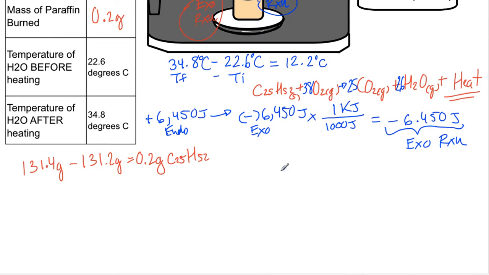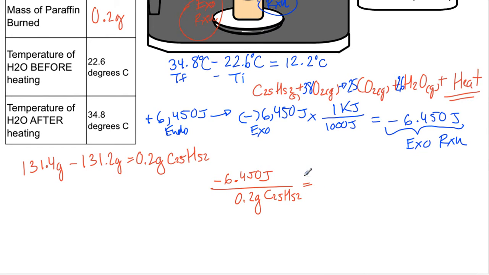Now, I'm going to take that negative 6.450 kilojoules, and I'm going to divide it by 0.2 grams of C25H52.